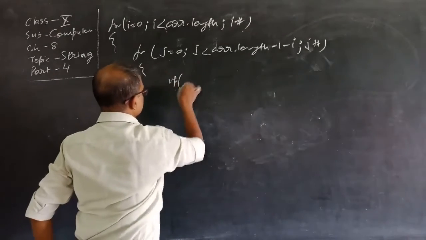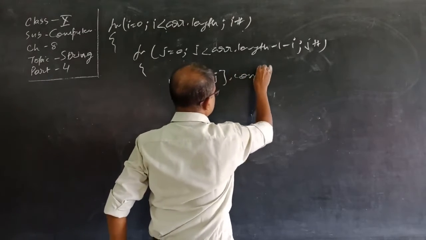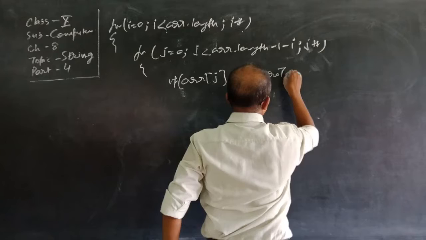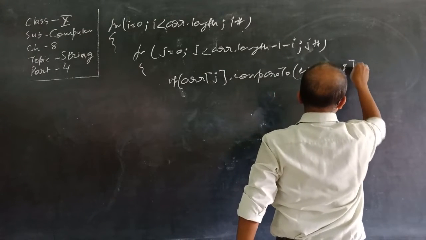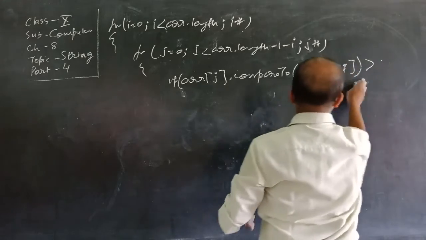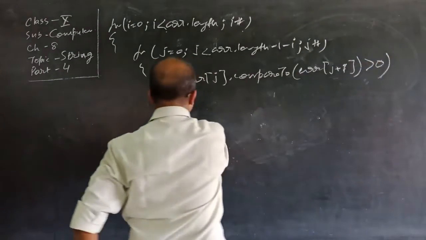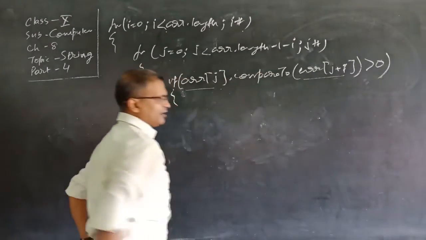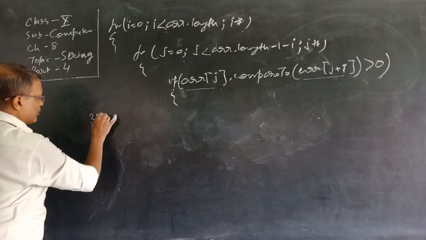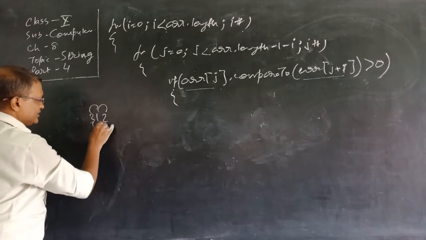If arr[j].compareTo(arr[j plus 1]) greater than 0, now we have to do swapping. This is the first element, this is the second element, and for swapping, what do we have to do? We apply the rule of 3 1 2: first in third, second in first and third in second.